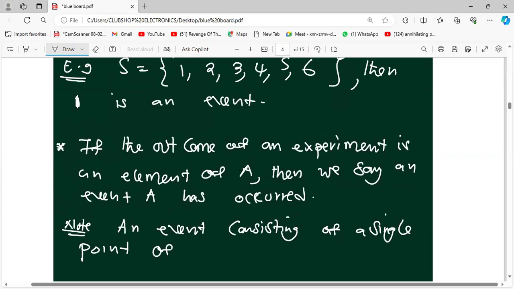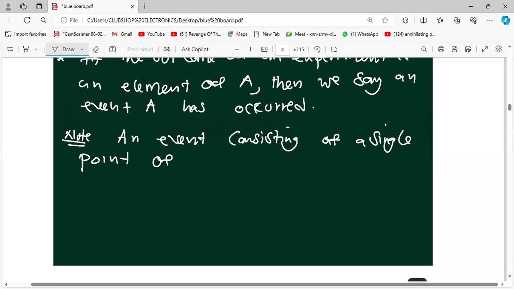So an event consists of a single point of the sample space, which is S.